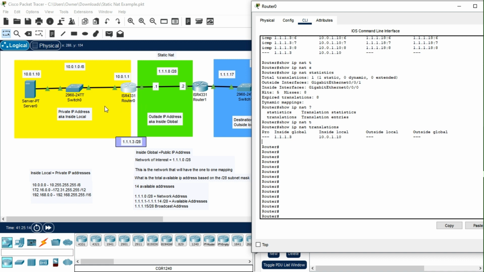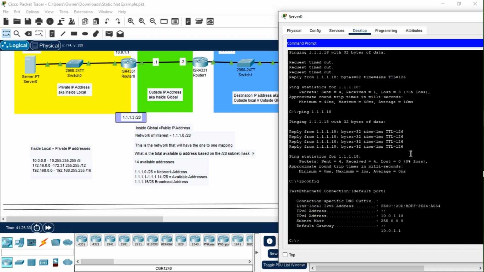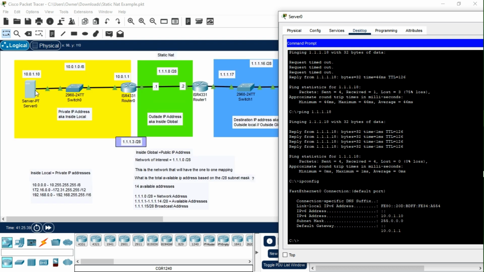That's going to be inside my local area network. This IP address is the address that is attached to the server. You can see it here, and I can prove it to you. IP config. Look at that, IP address 1.0.1.10. That's for this server here, for server 0.